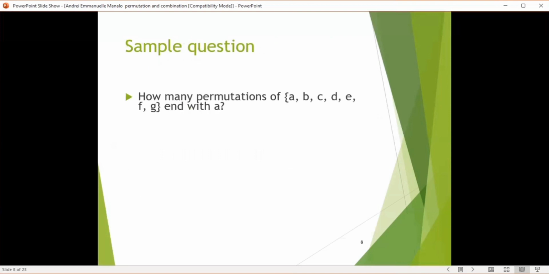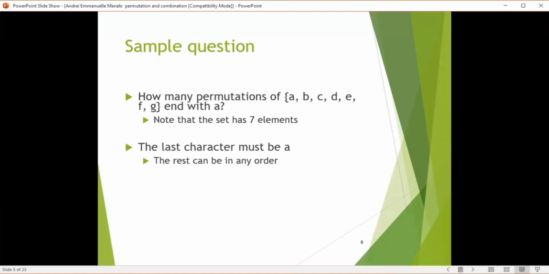Sample question: how many permutations of A, B, C, D, E, F, G end with A? Note that the set has 7 elements. The last character must be A. The rest can be B through G in any order.